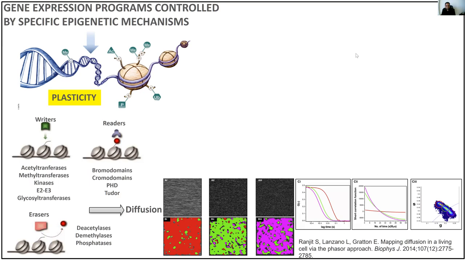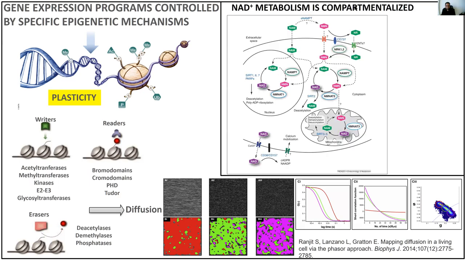Now, we can also look at what happens to the NAD plus metabolism in the compartmentalized nucleus. So this is the nucleus, and the salvage cycle, which is part of the nuclear cycle, involves NAD, NAM, and NMN, and different enzymes. And we wanted to see what happens, and if we can see these changes here.